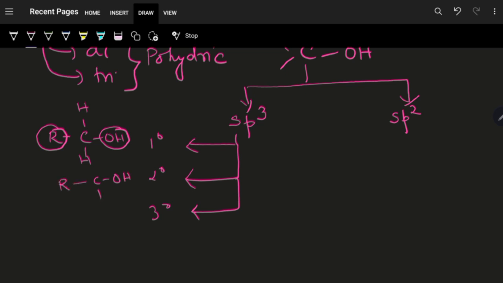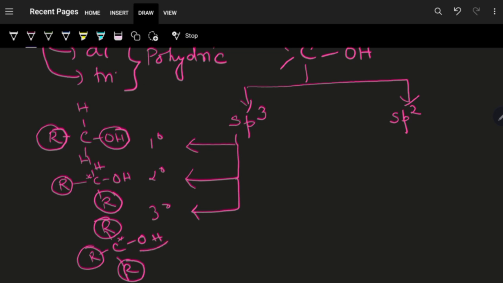So R and the other R dash whatever. And here is the fourth, that is H. So see, it is 2 degree because there are 2 alkyl groups. Here it can be 3 degree when it has 3 alkyl groups, same or different. Just for the sake of the example, I am giving you same alkyl groups. So these are the 3 alkyl groups attached to the carbon having OH, which is the functional group.